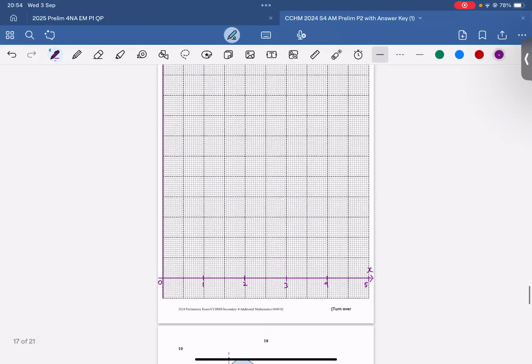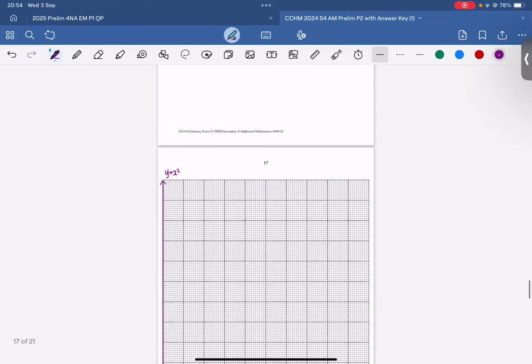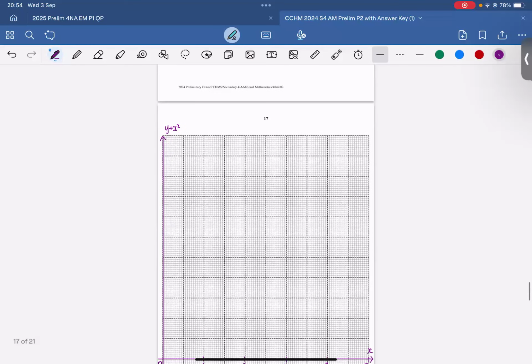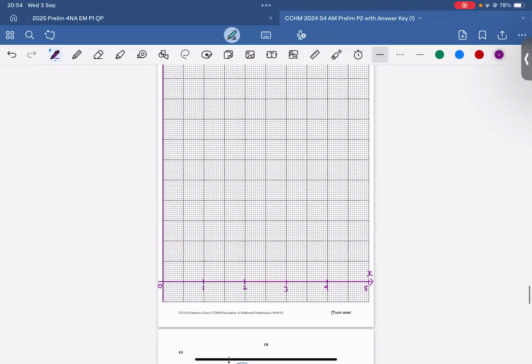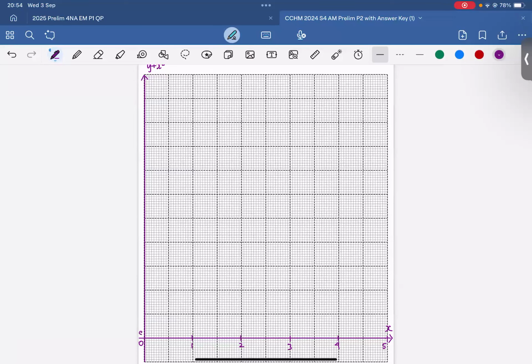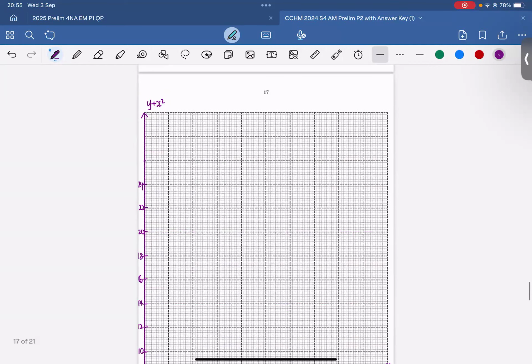Okay, then how do I put my y? My y smallest is 9.1. My largest is 29. So 8, 10, 12, 14, 16, 18, 20, 22, 24, 26, 28. Just nice.